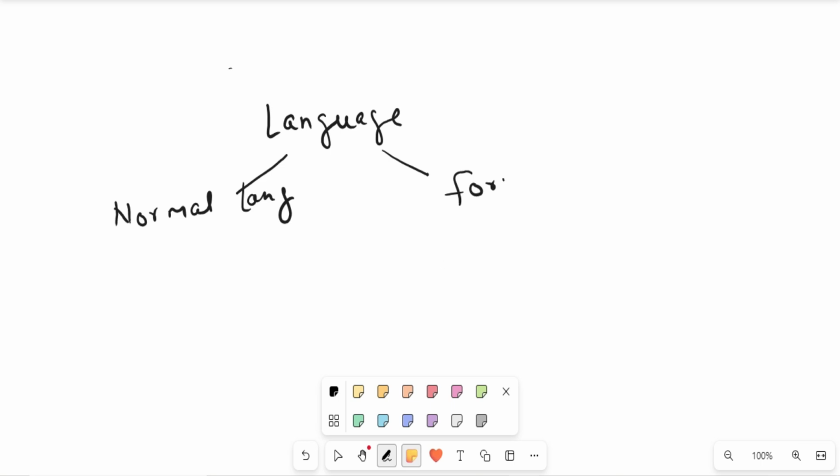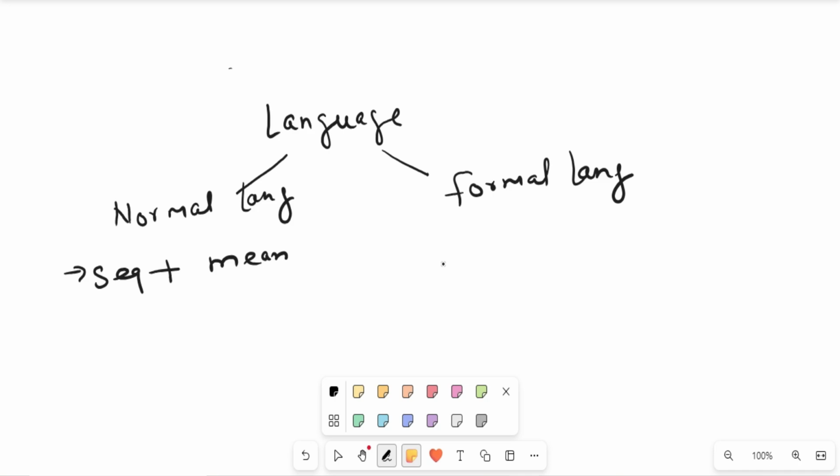Hello everyone, let's start with the basics of theory of computation. So let's start with language. Language can be of two types: one is normal language and another one is formal language. Normal language means a sequence of symbols plus their meaning.